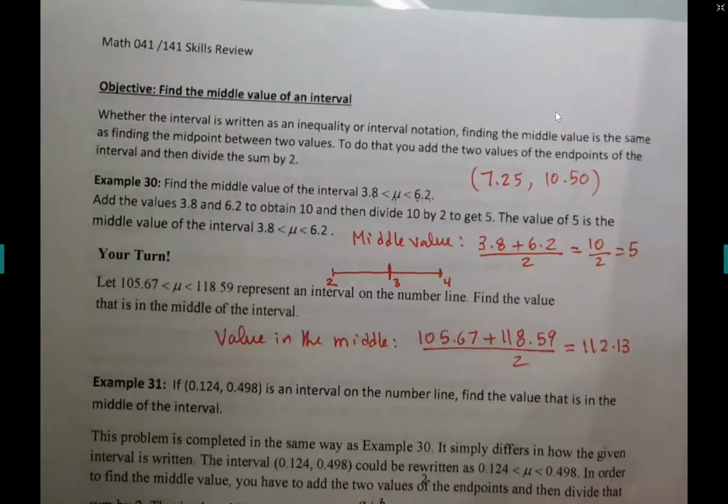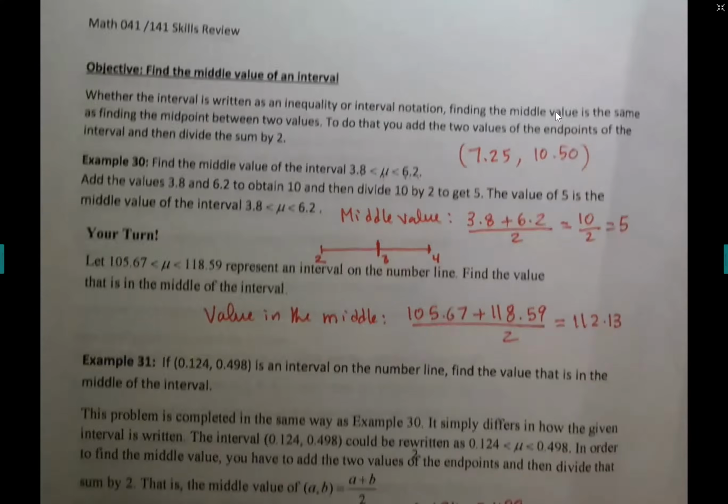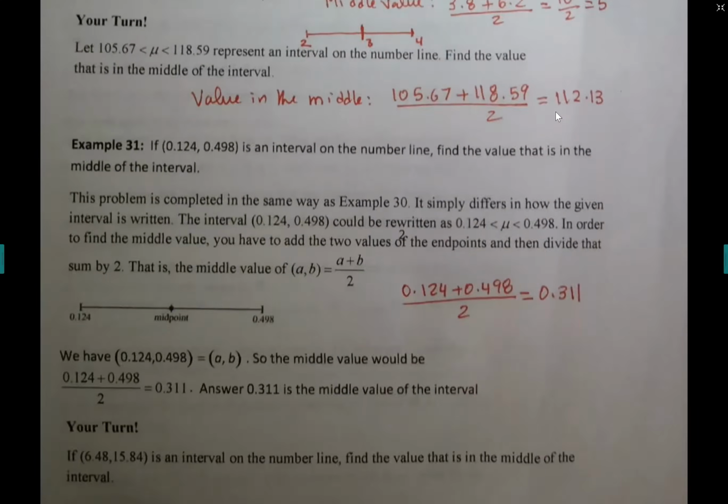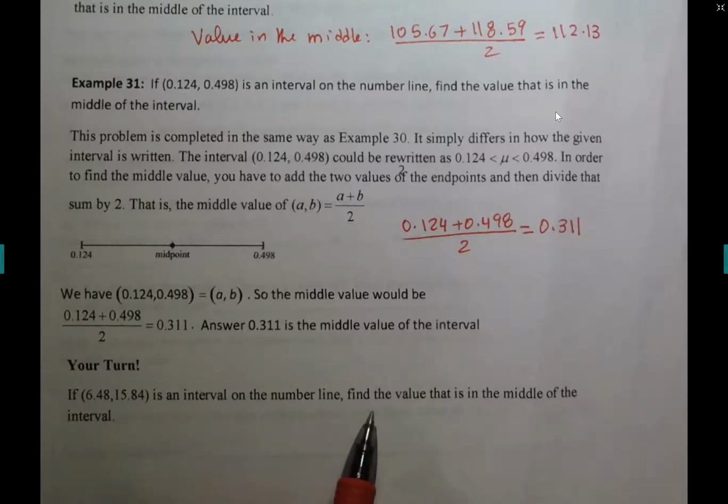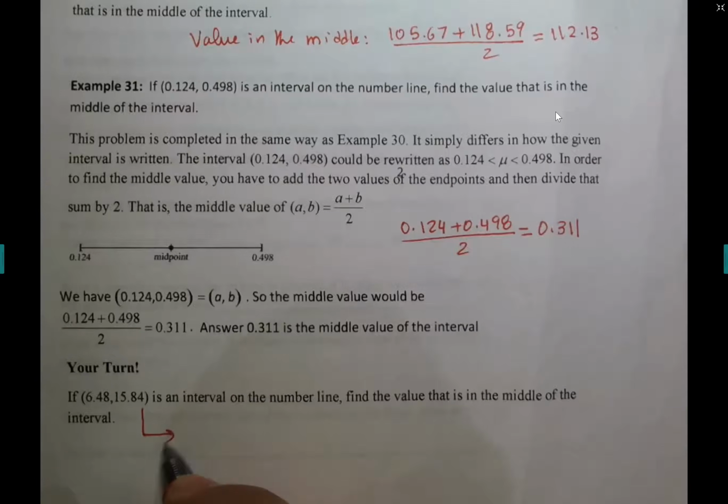We got one more to do, and then we can go to chapter 6, guided notebook. If 6.48, 15.84 is an interval on the number line, find the value that is in the middle. Okay. Can you guys do that for me, please?